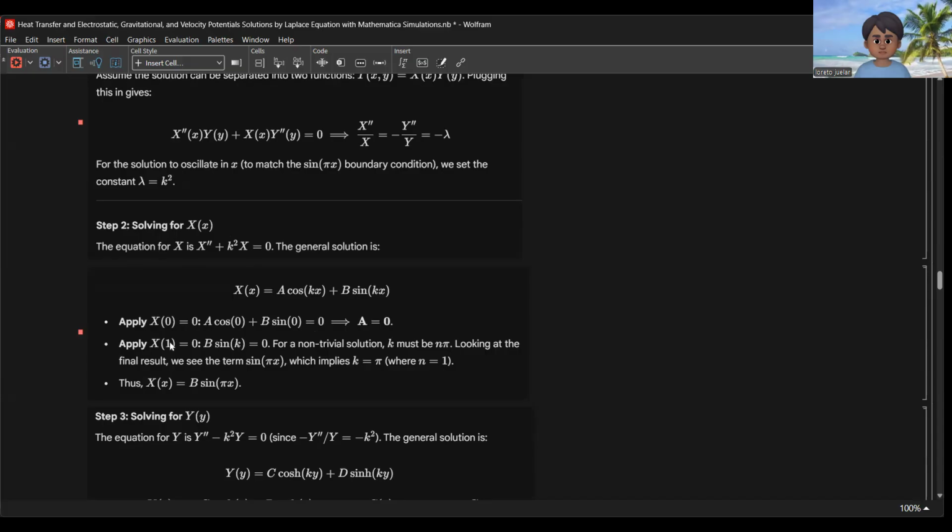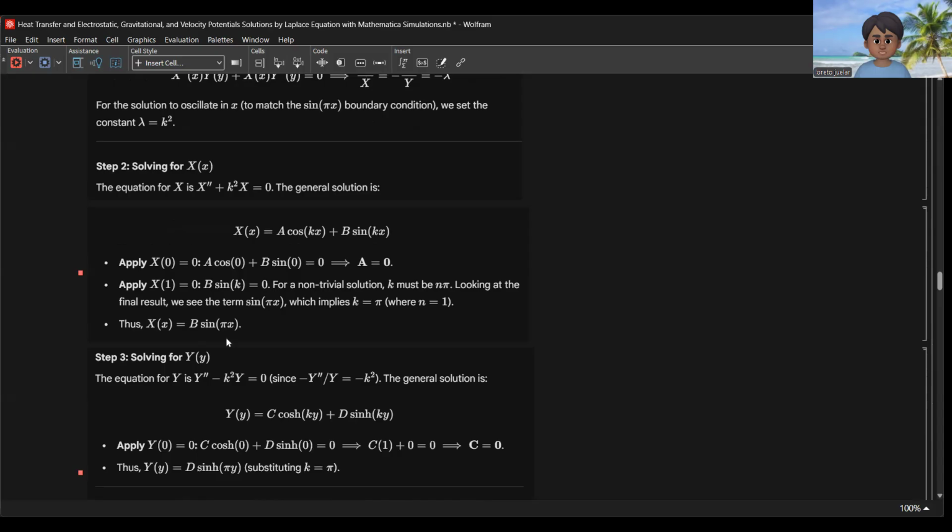So we apply X of 1 equal to 0. So b sine k is also equal to 0. So for non-trivial solution, k must be m pi. Looking at the final result, we see the term sine pi x, which implies k equal to m pi, where m is equal to 1. So the X of x here is equal to b sine pi x.